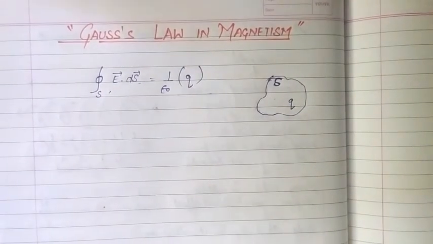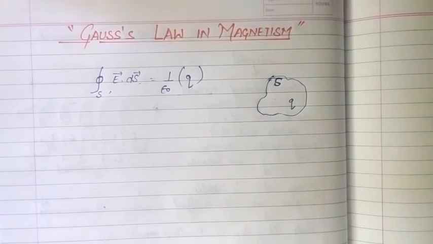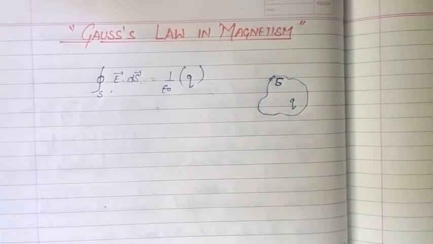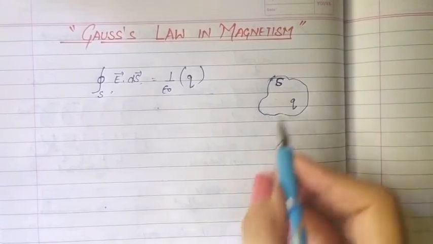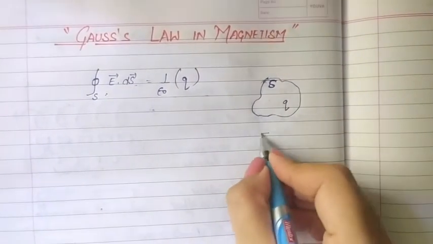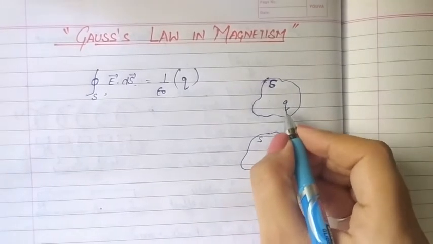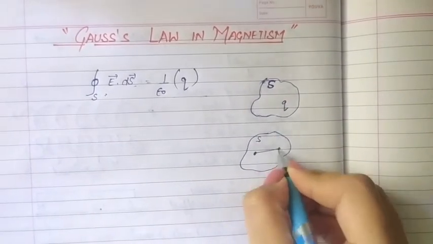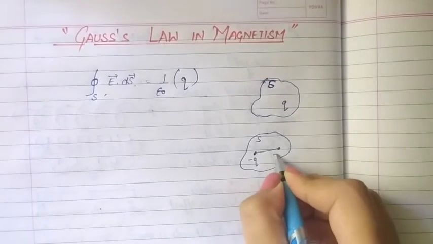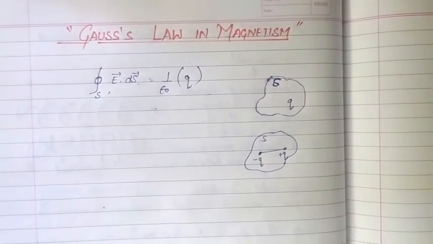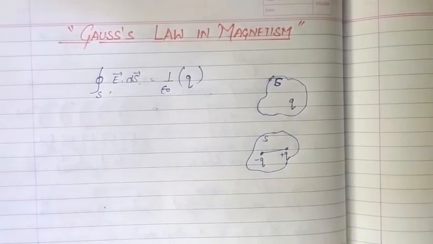But now in electrostatics only, suppose this surface capital S contains a dipole instead of a single charge Q. That means it contains a minus Q charge and a plus Q charge separated by a small distance.